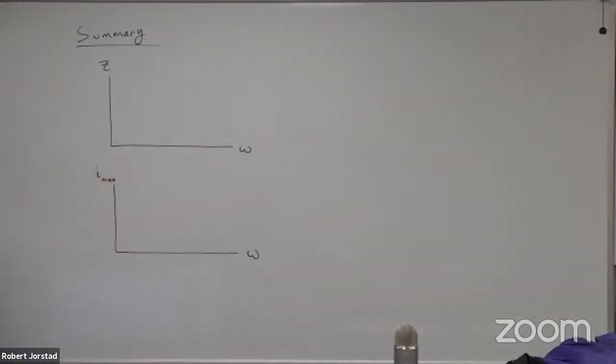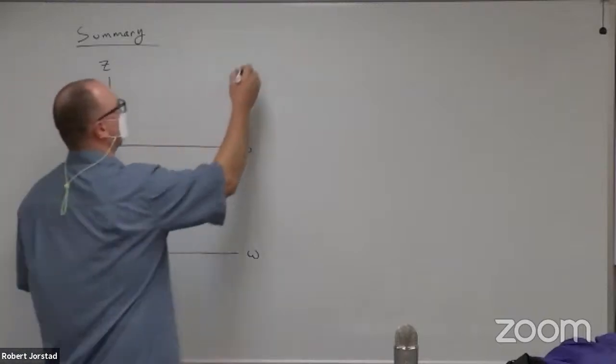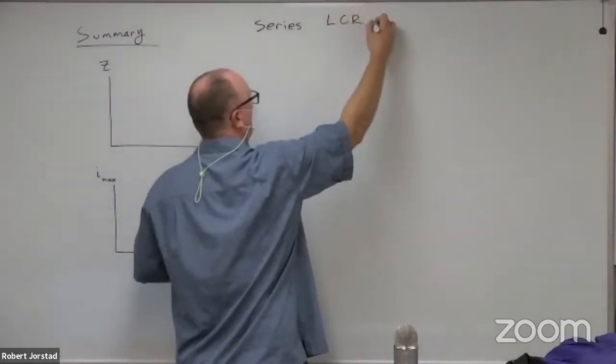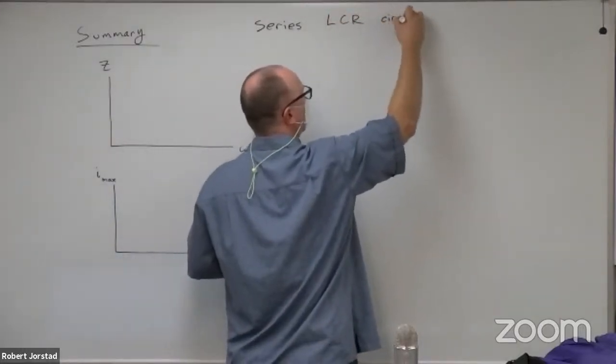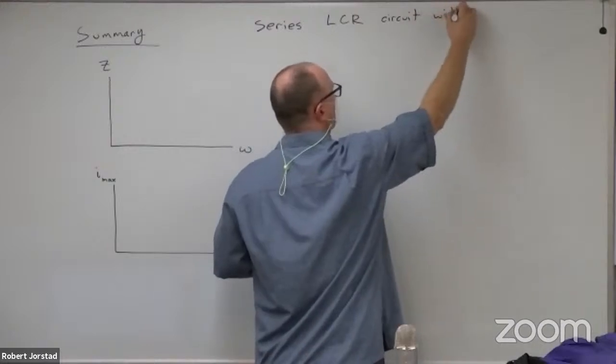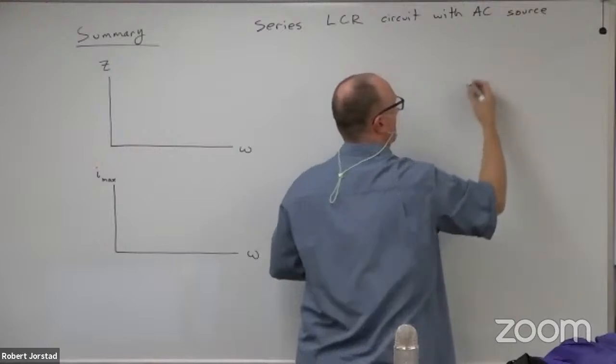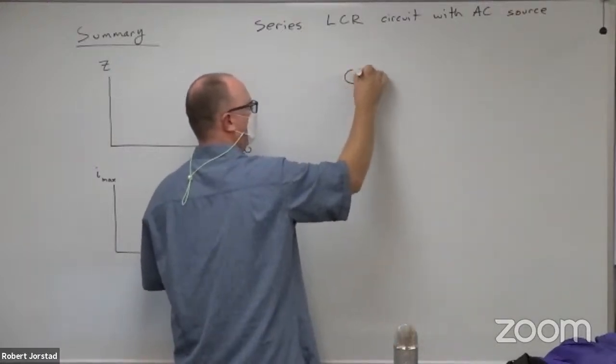Okay, so we had I max and Z versus omega. And this is a series LCR circuit with an AC source. And rather than think about that, let's literally draw it.